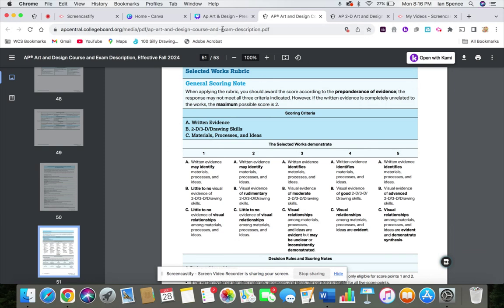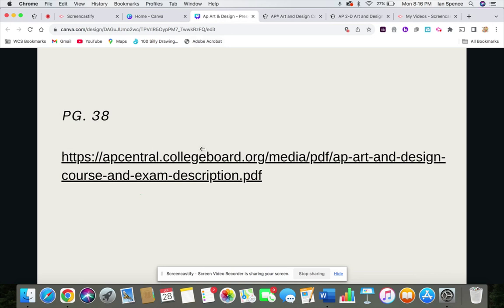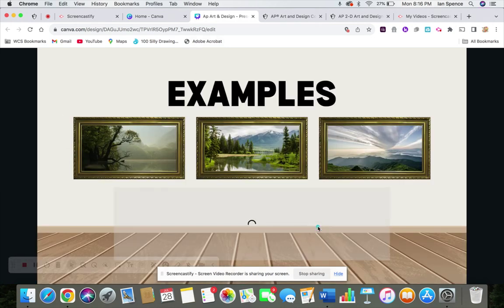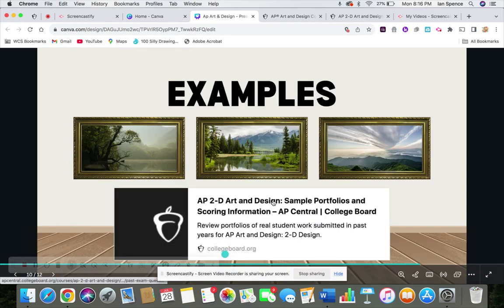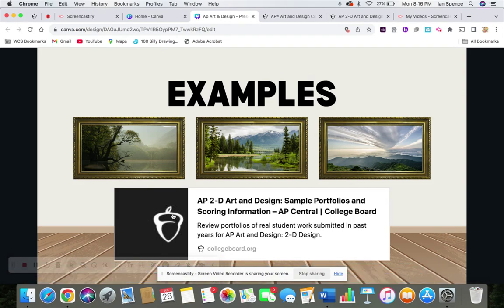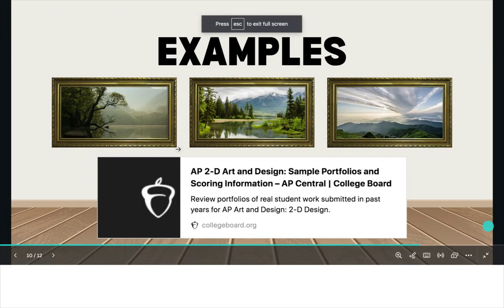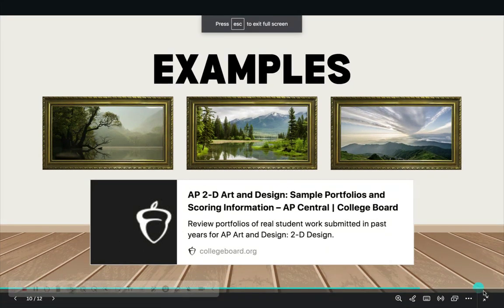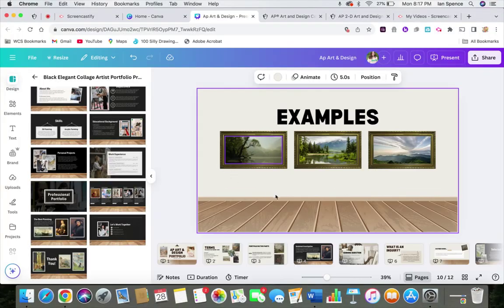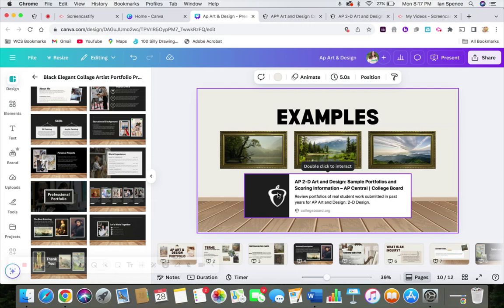So let's actually look at an example of a portfolio to give you an idea of what it looks like. And you guys are able to view the portfolios too. Again, they're on the AP Central website, and I think it goes back all the way to maybe 2019 or 2020.